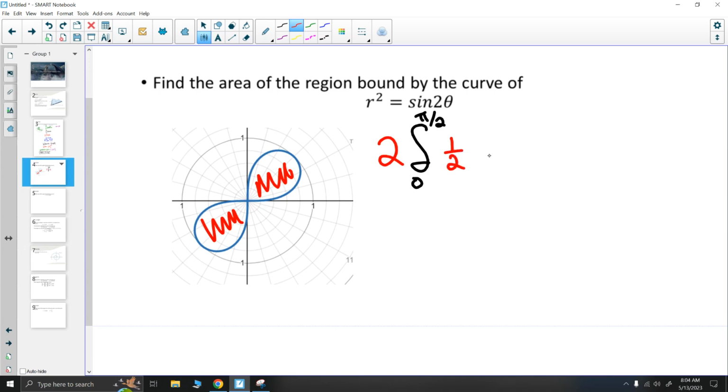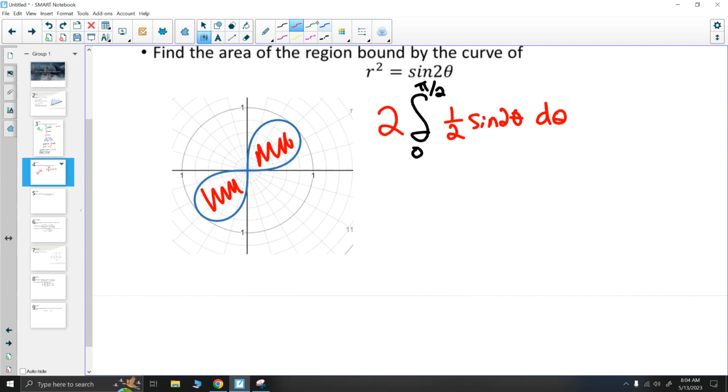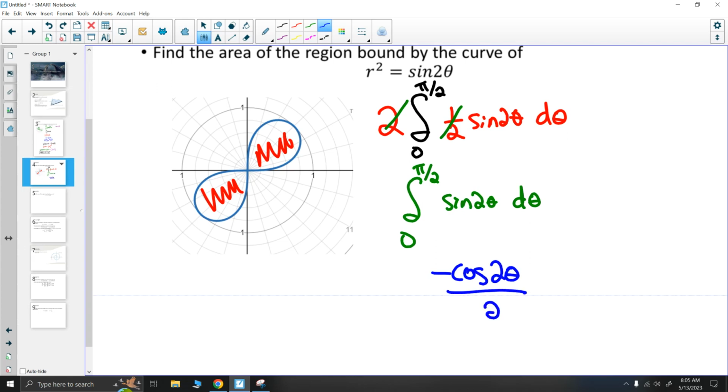So it's 1/2 r squared. Now what's nice is our r squared here is just sine of 2 theta, d theta. Okay, so the 1/2 and the 2 cancel. We get the integral from 0 to pi halves of sine 2 theta d theta. Now the integral of sine is going to be negative cosine 2 theta divided by 2 here, because this is like a u sub.